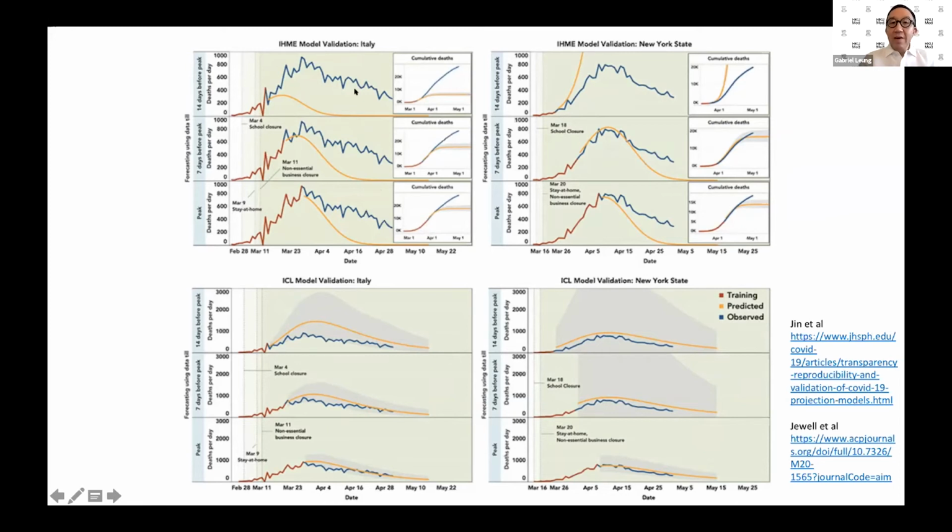You can see what a world of difference, because at least in the beginning, the IHME model was very much a Farr's law-based model, and that's why it was quite wrong. Whereas Imperial used a much more nuanced and sophisticated transmission model, and that's why things were much more truthful to reality for both Italy as well as New York State.